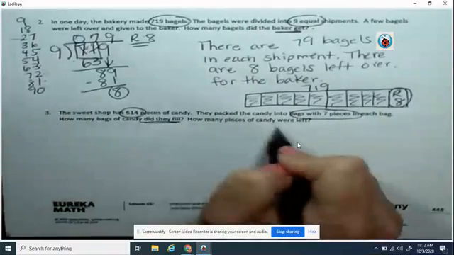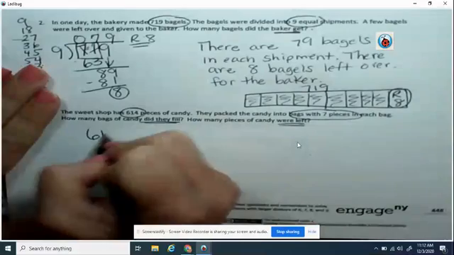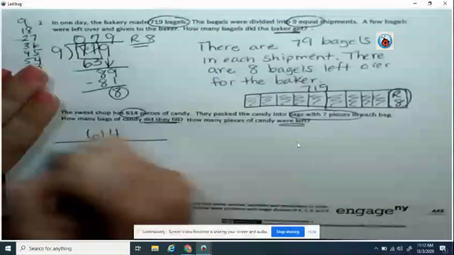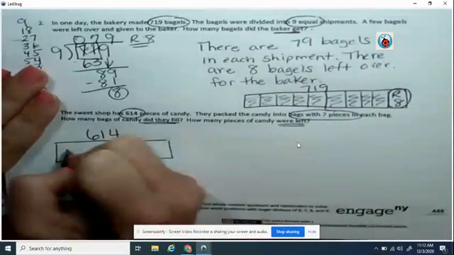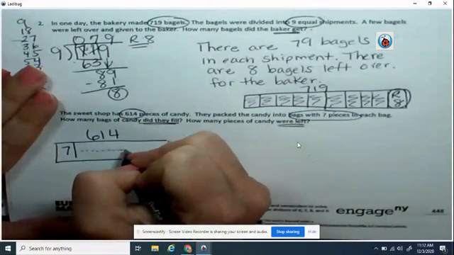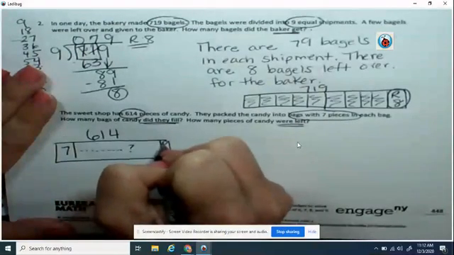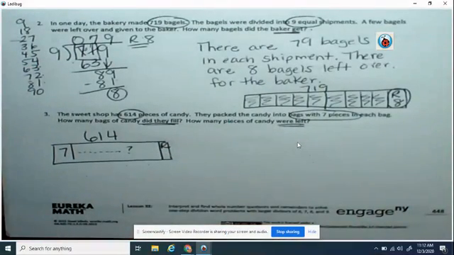Okay, and how many were left? So we know there's going to be a remainder. So if I have 614, and I'm going by 7s, how many 7s until I get to 614, and then how many are remaining or left? Okay, so that's what I'm trying to answer.